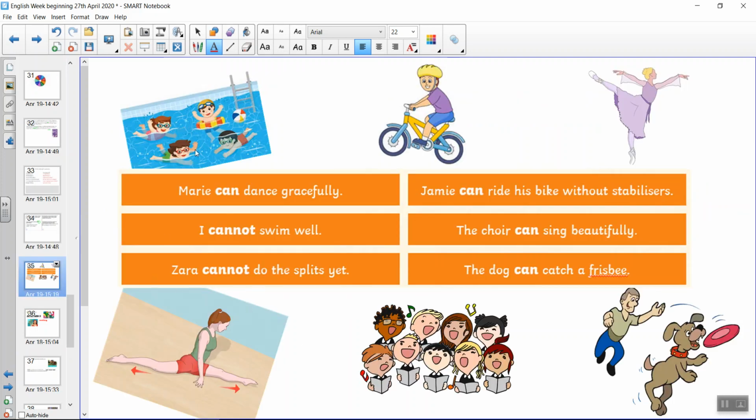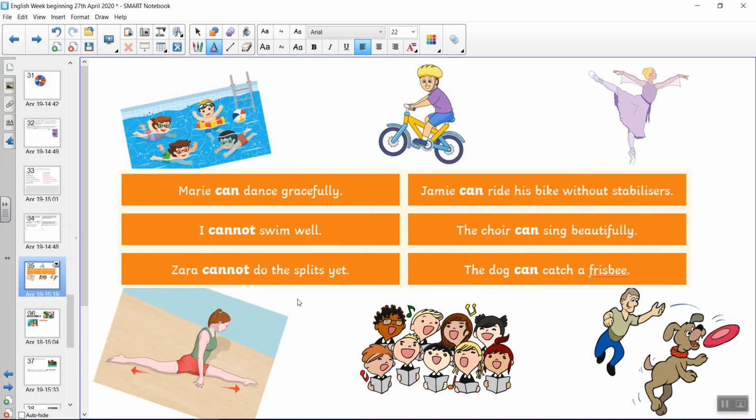Okay, so we've got 6 statements here, and your last job of today is to write 6 sentences that are questions, not statements. Let's read them together. Marie can dance gracefully. Jamie can ride his bike without stabilizers. I cannot swim well.